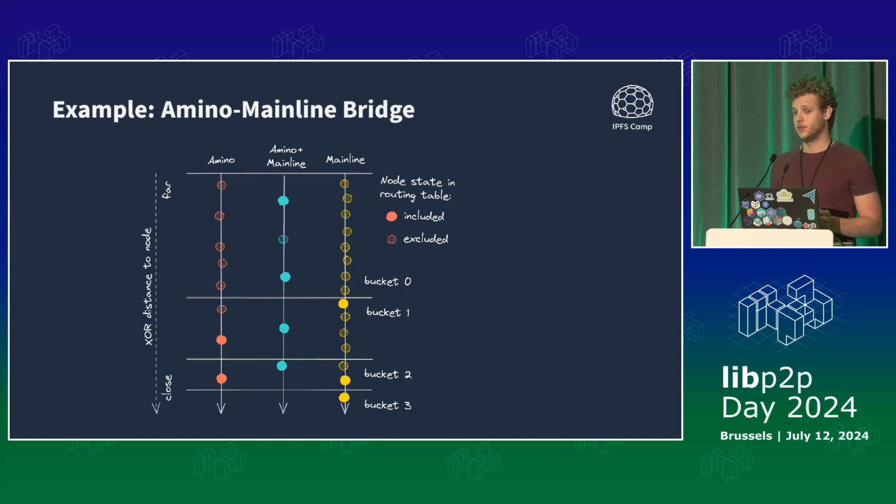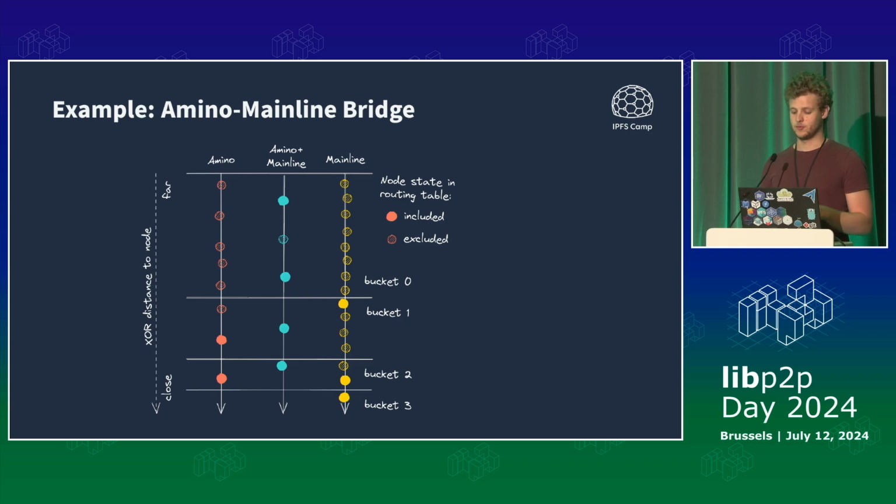But now, if there's a small swarm of peers running Hexo, participating in both DHT networks, both Amino and mainline, and I have an identity at approximately the same location of the key space, then instead of selecting one node running in Amino and one node running in mainline, I can select one other Hexo node that is running in both.